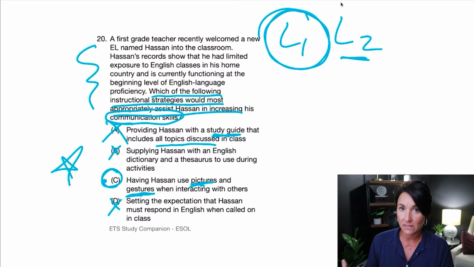Let's go ahead and just read the top so we know what's going on here. A first grade teacher recently welcomed a new EL named Hassan to the classroom. Hassan's records show that he has limited exposure to English classes in his home country. So he does not know very much English at all and is currently functioning at the beginning level. Well, there's more clues right there. Is a study guide in English going to help this kid?